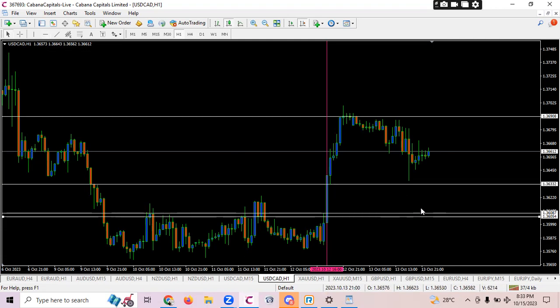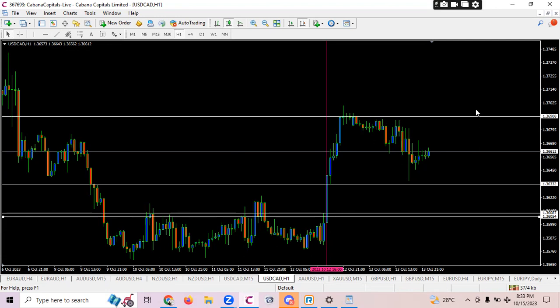This gap should be filled. So if the price drops into this zone and I see a good bullish reversal pattern inside this zone, I'll buy USD CAD. My bias for USD CAD this week is bullish.